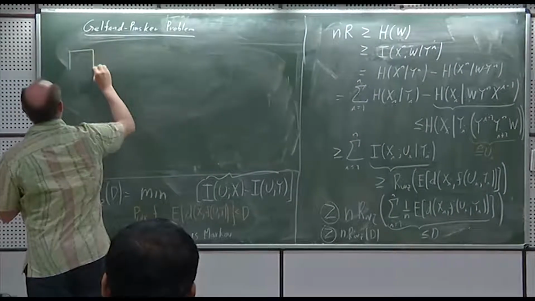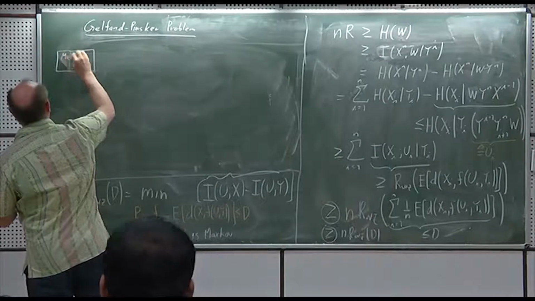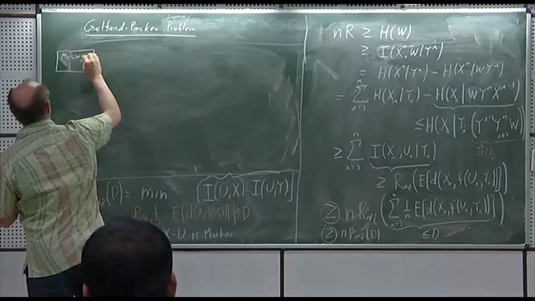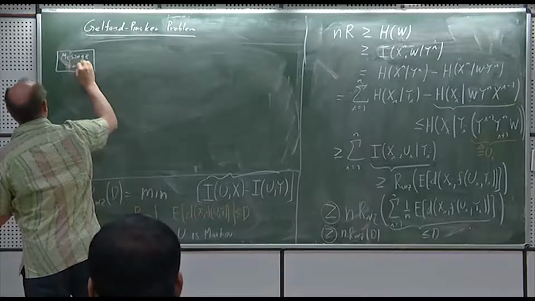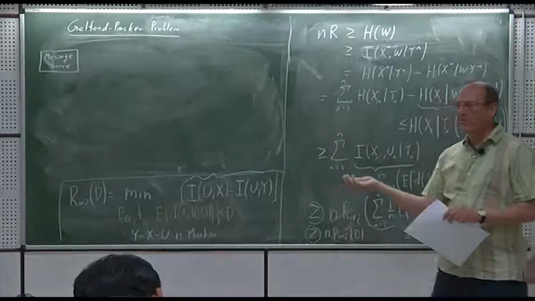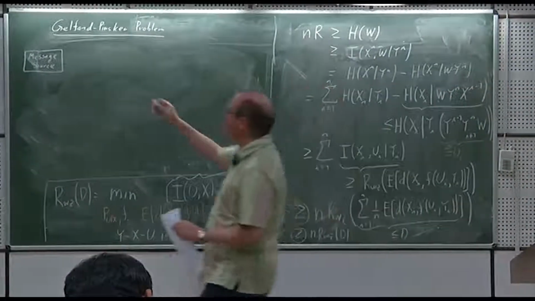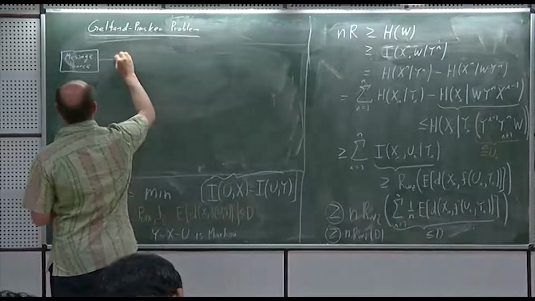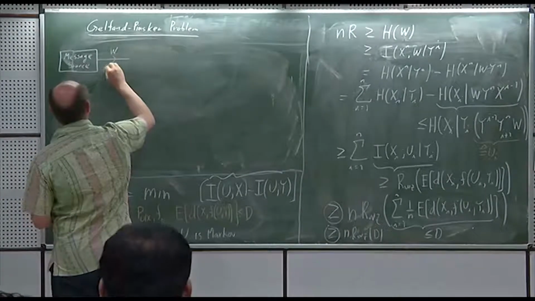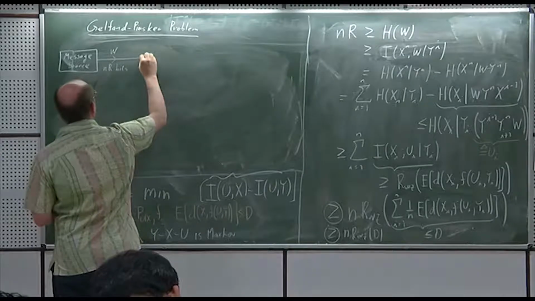Okay, so here's the problem. We're now going away from source coding back to channel coding, but we've already seen that source and channel coding are closely related with the Slepian-Wolf problem. Now we have a message source, a certain number of bits that we would like to communicate reliably to a receiver.